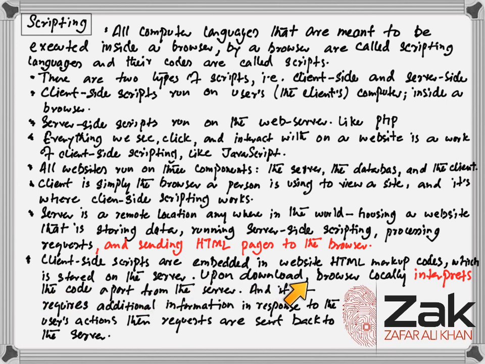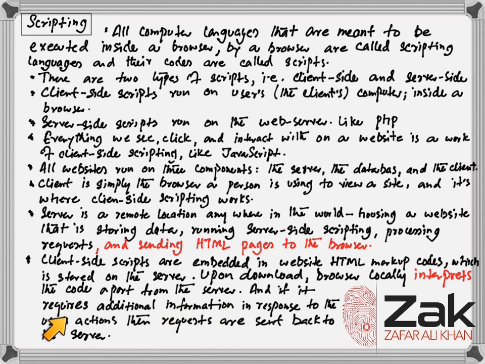Upon download, the browser locally interprets. I told you that all the browsers interpret all the languages which are meant to be executed inside the browser, and these are not compiled. The browser interprets the code apart from the server. So the server has nothing to do with it; the server just delivers the language embedded inside the code, and when the browser finds it, it interprets and executes it.